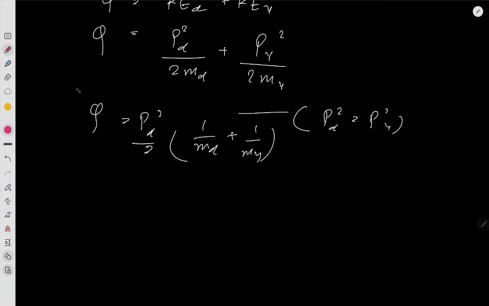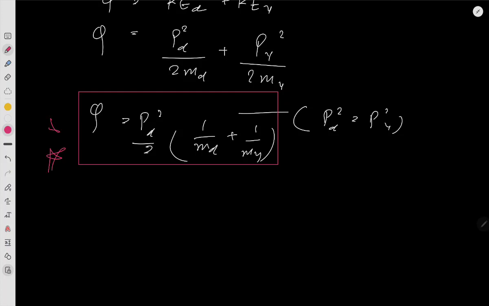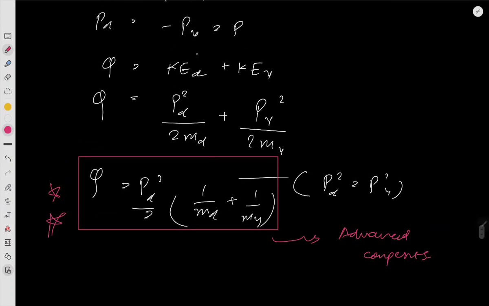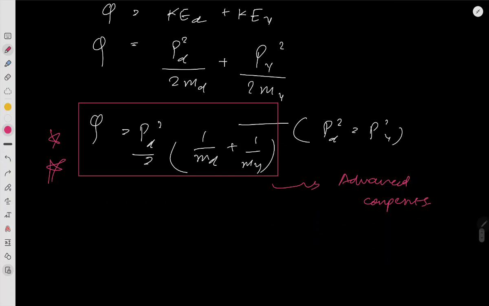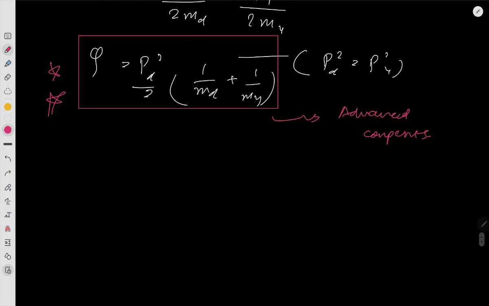The data would be provided to you, and accordingly you can solve the question. This is for advanced concepts that touch higher level. And so now we can find the kinetic energy of alpha from here in terms of Q or in terms of y, something like that.